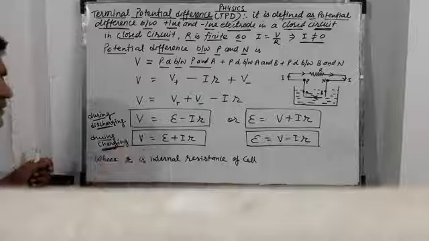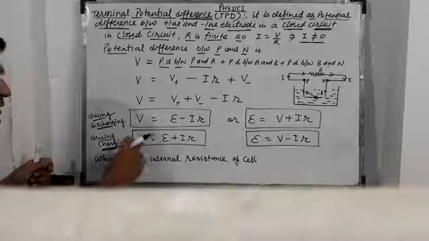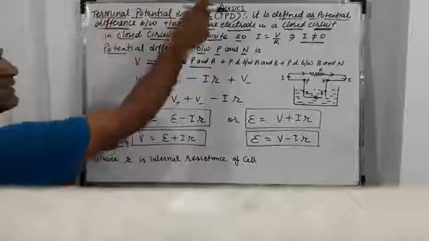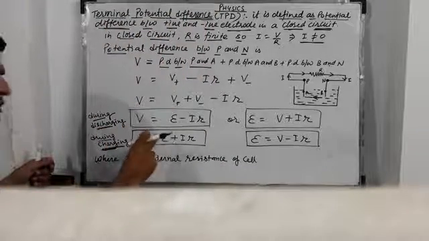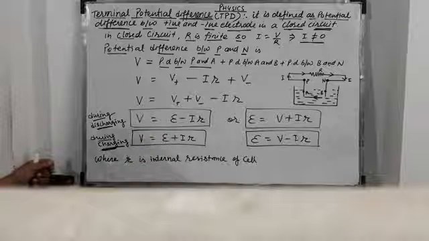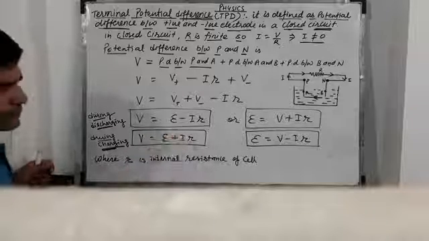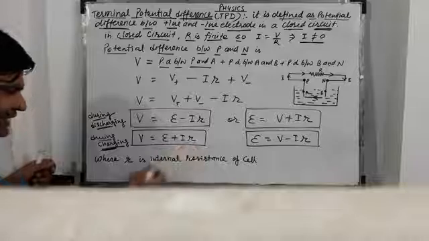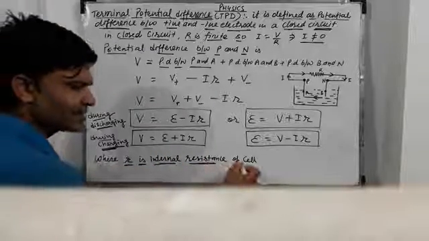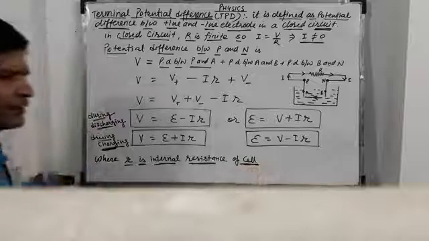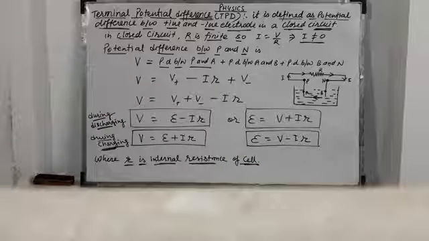Here V is the terminal potential difference, E is the electromotive force, I is the current, and r is the internal resistance of the cell.